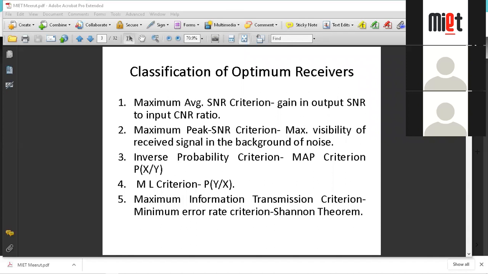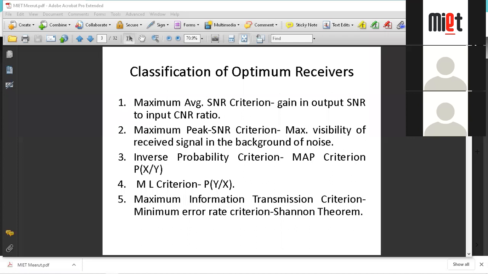In the second criteria, where I took the example of the football ground situation, the situation I mentioned is called the ML criteria. These are two very popular algorithms.